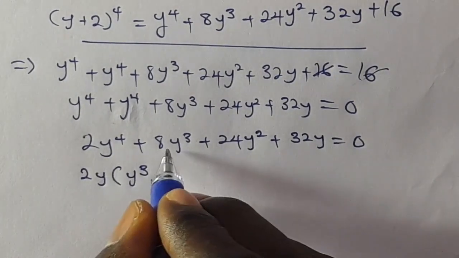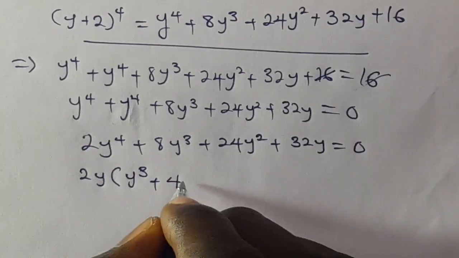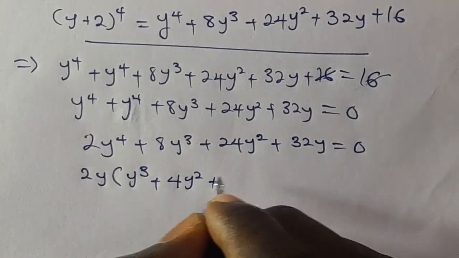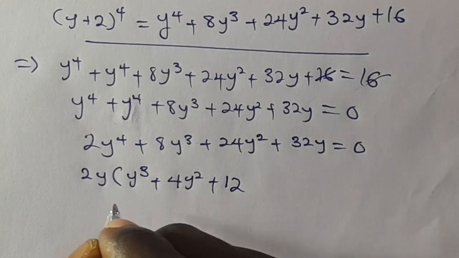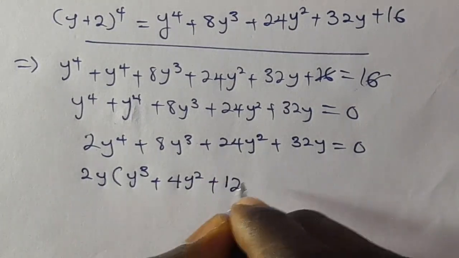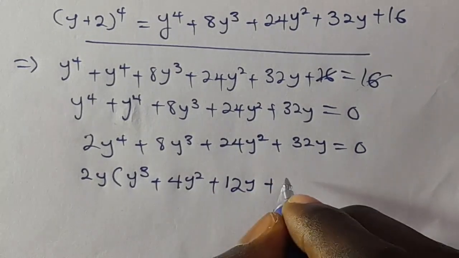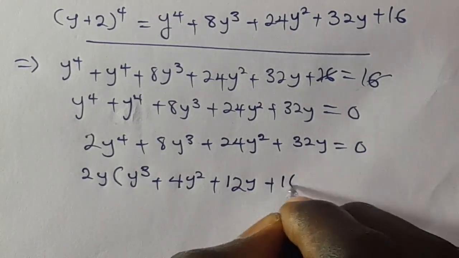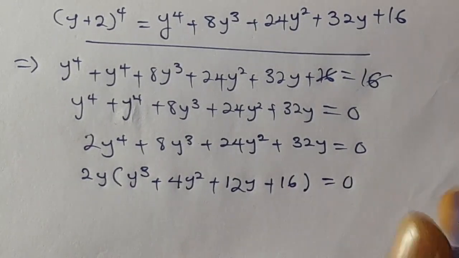When you factor 2 out from here, then this divided by y, we have y squared plus, now 24 divided by 2, we have 12. Now y squared divided by y, we have y plus 32 divided by 2, we have 16. Y divided by y, we have nothing. Then we have everything equal 0.